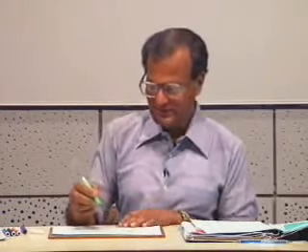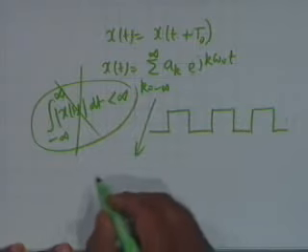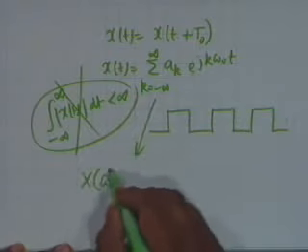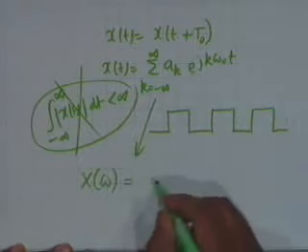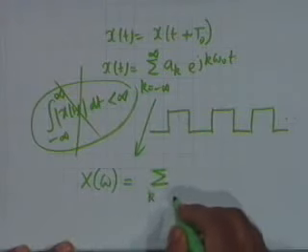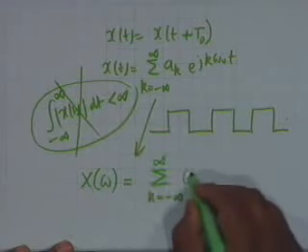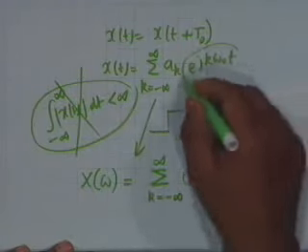And to show this, if at all this is Fourier transformable, what we should have is capital X of omega equal to summation, because it is a linear decomposition, k equal to minus infinity to infinity ak. This is the only function of time inside the integral.